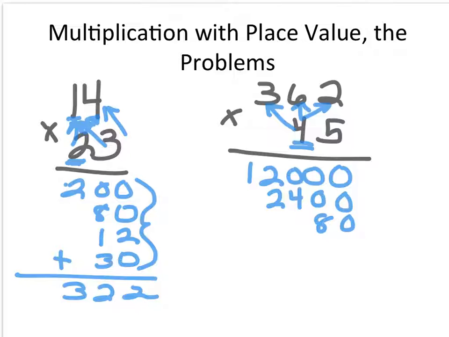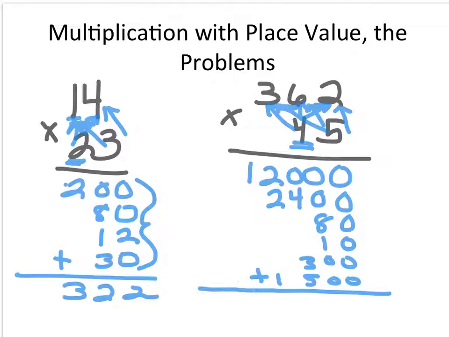Now I'm done with the 4, so I'm going to move to the 5. 5 times 2 is 10. 5 times 6 tens, or 60, is 300. And 5 times 3 hundreds would be 15 hundreds. So I would have all of these to add together.